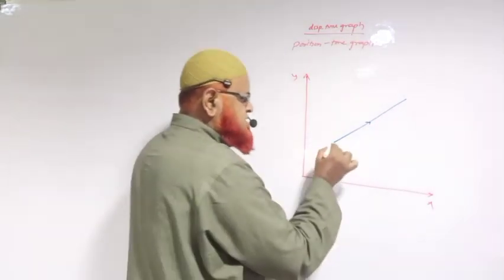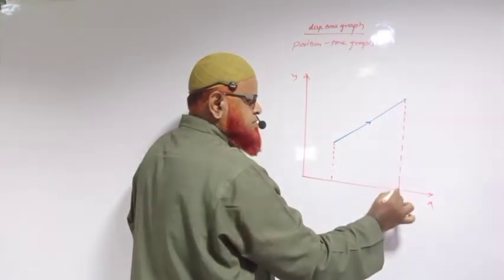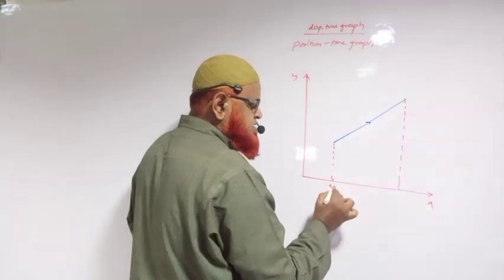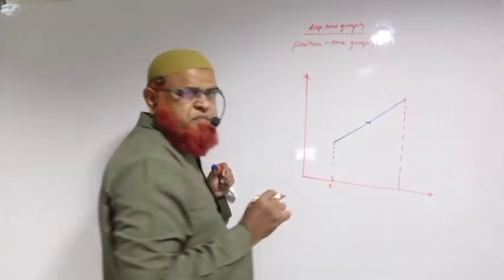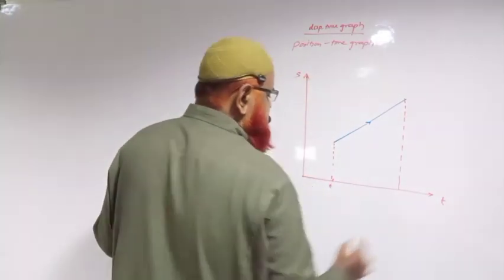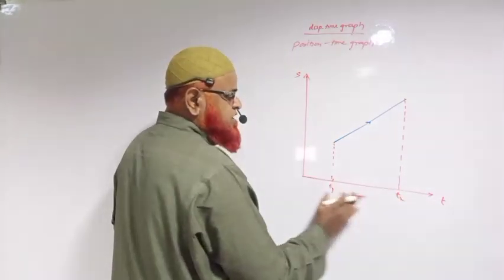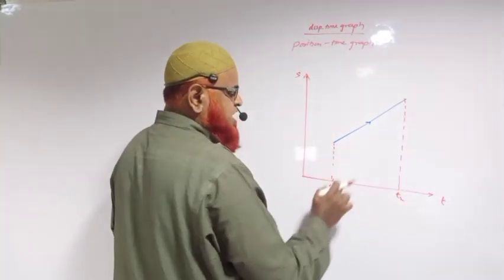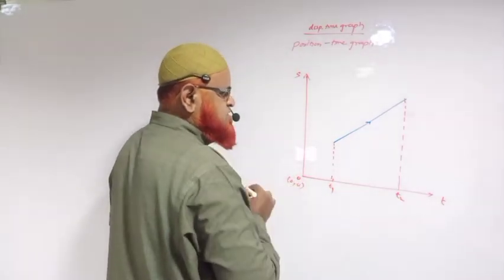Now what I am going to do is consider this as xy. So displacement is this one and time is this one, isn't it? A body travels from time t1 to t2. Starting time is t1 and then t2. This is the origin of this graph, 0, 0.